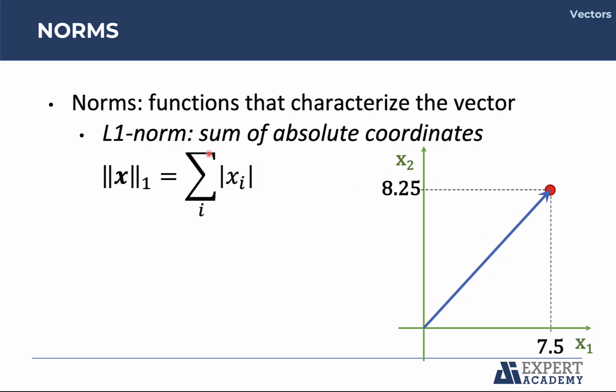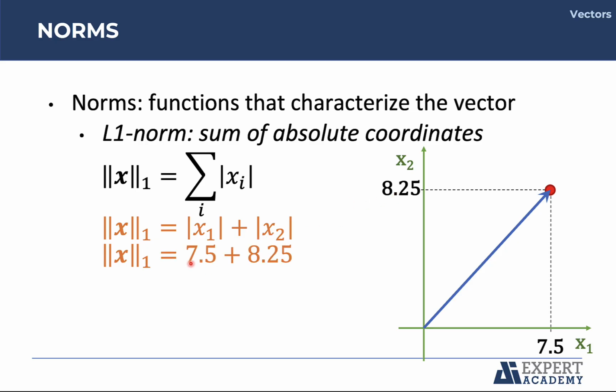So we are going to perform the sum considering these values, 8.25 and 7.5. Now that we have the coordinates, we can apply this equation. It is equal to x1 plus x2.